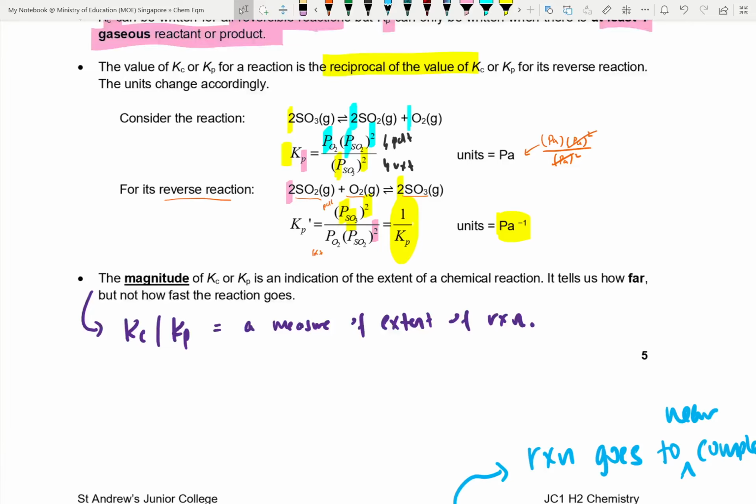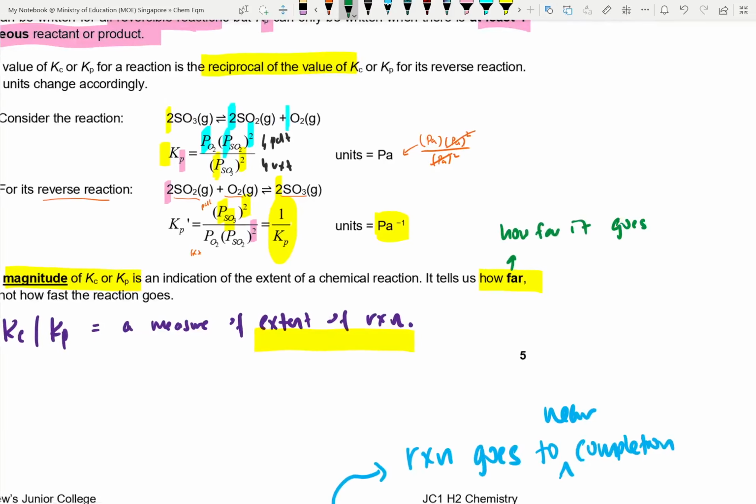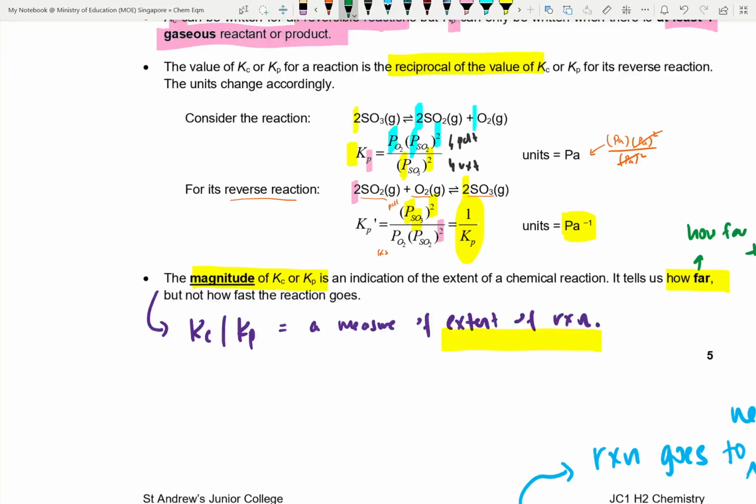So you must know that the magnitude of the value of Kc or Kp will only give you an indication of the extent of the reaction. It tells you how far the reaction goes to completion, but it has no indication of the rate of the reaction.